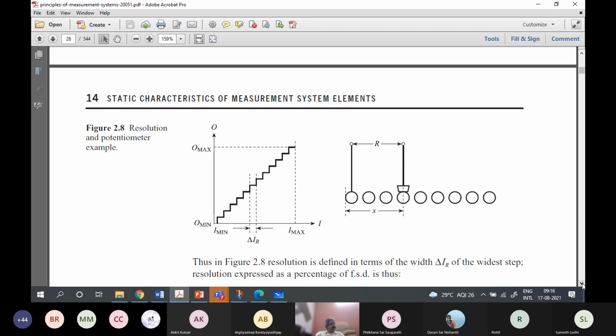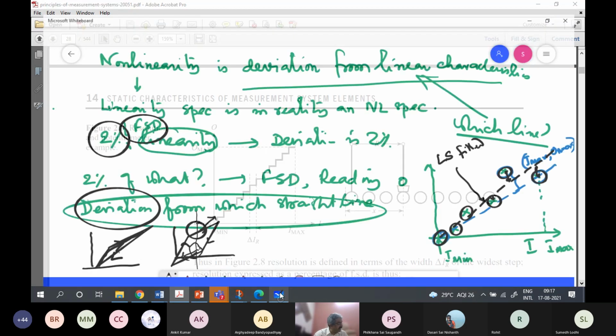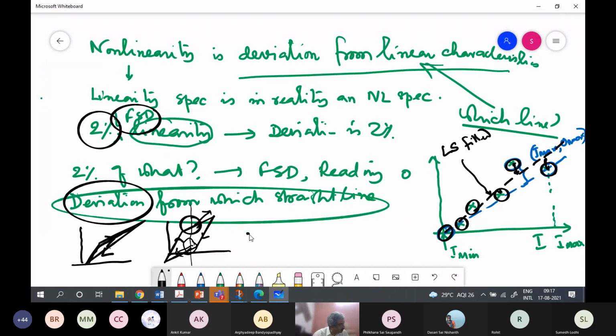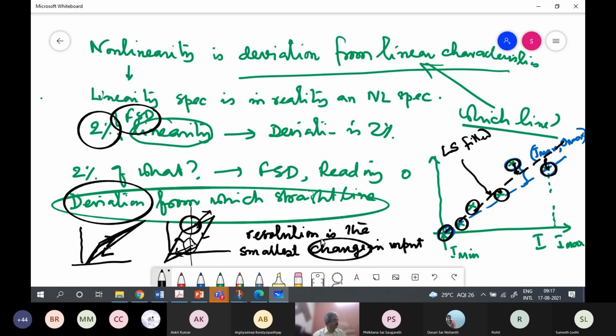So what is the resolution? Resolution is the smallest change in input that you can measure. Remember, smallest change in input. This term is important.